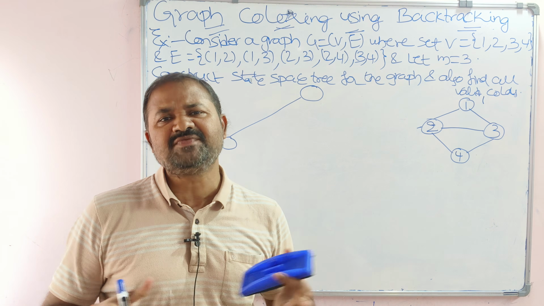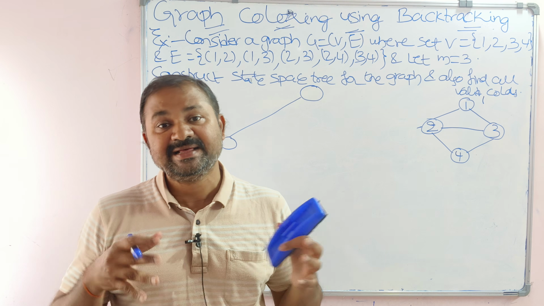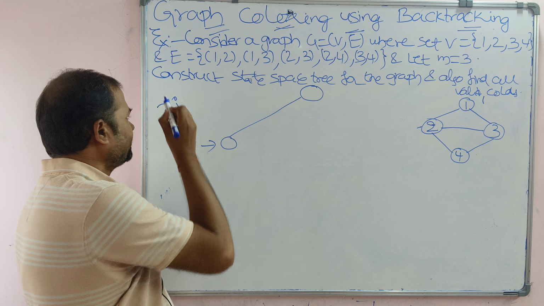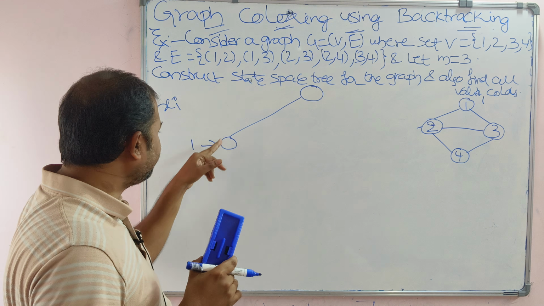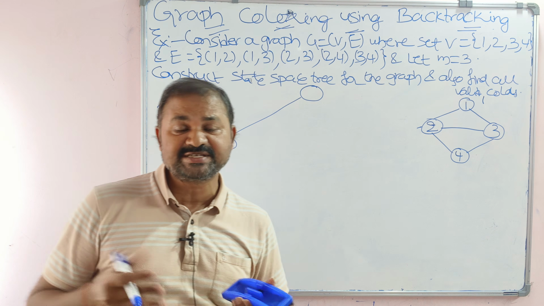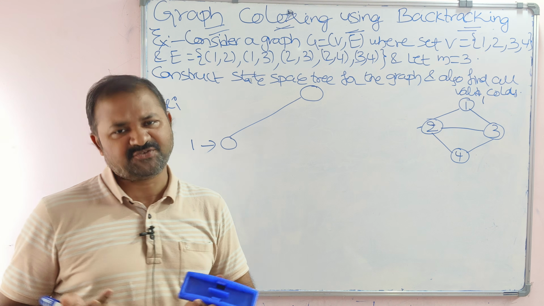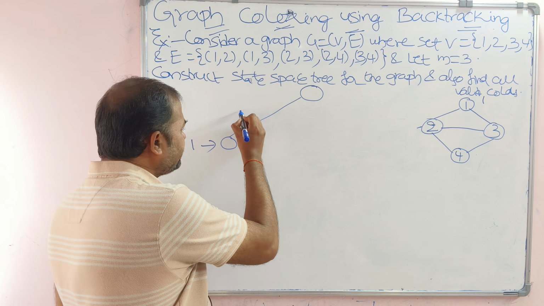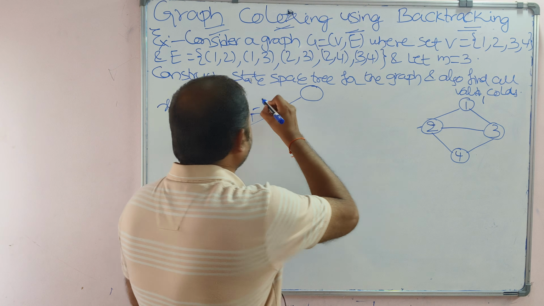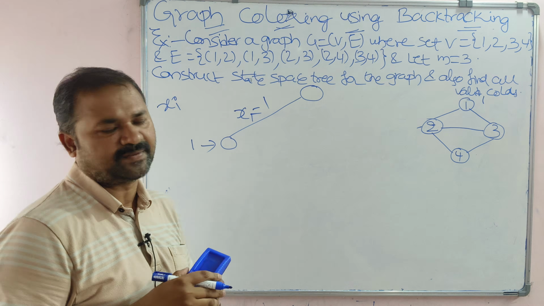The solution vector is represented by xi: x1 for the first vertex, x2 for the second vertex, then x3, x4 likewise. Let the first vertex be colored with color 1, so x1 equal to 1.